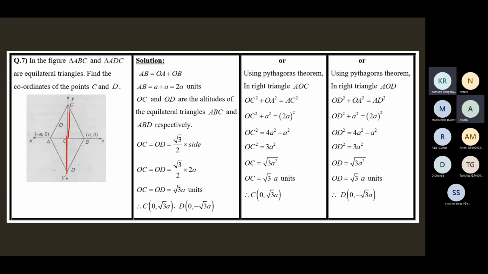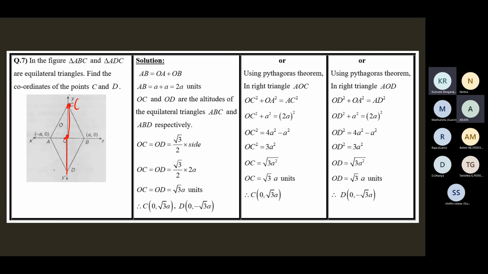So you can find OC, OD using root 3 by 2 into side. So root 3a. OC, OD both are equal to root 3a. So the coordinates, from here to here, it is root 3a.